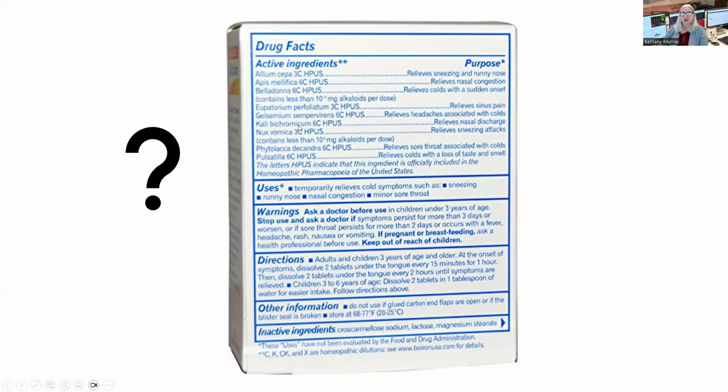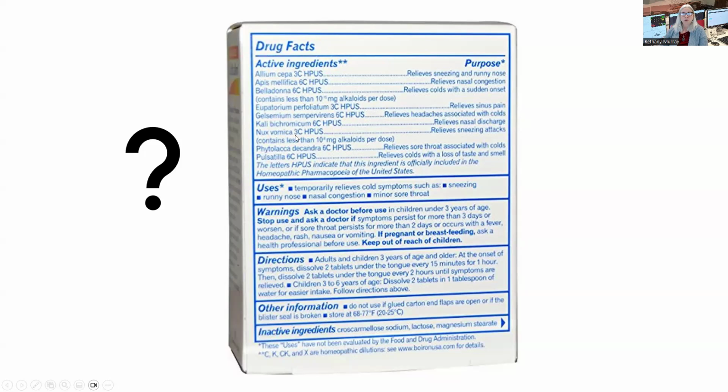Now, some of this I can kind of recognize. Belladonna is an active ingredient in opioids. So belladonna is going to have some kind of opioid-like activity. I recognize allium, that's an active ingredient in onions, so that may be immune boosting.